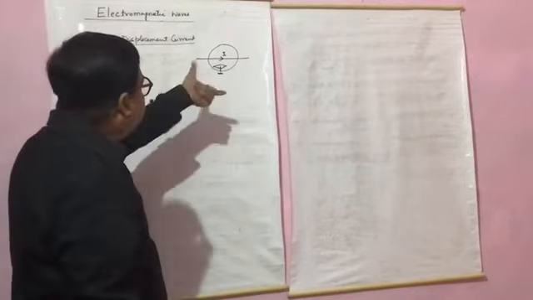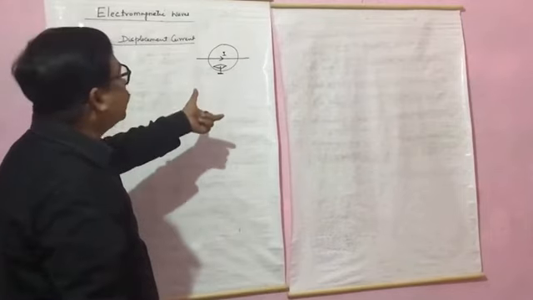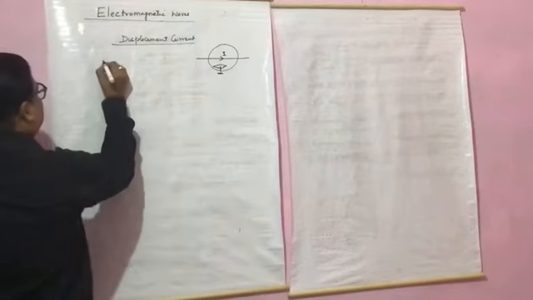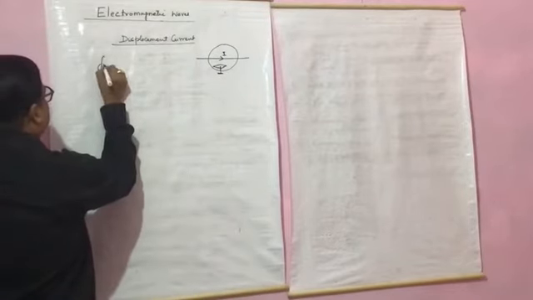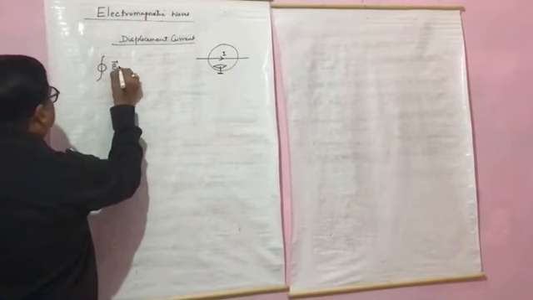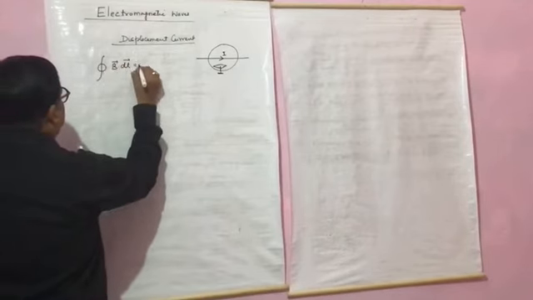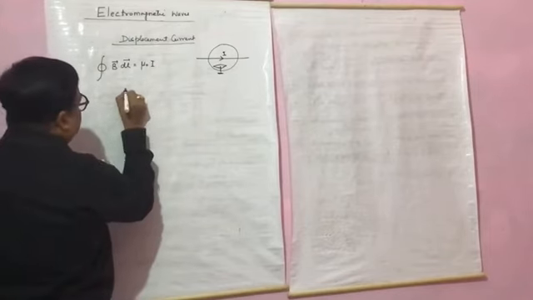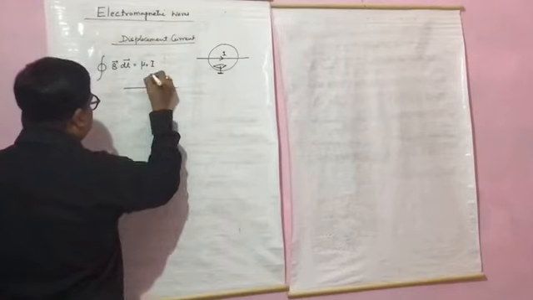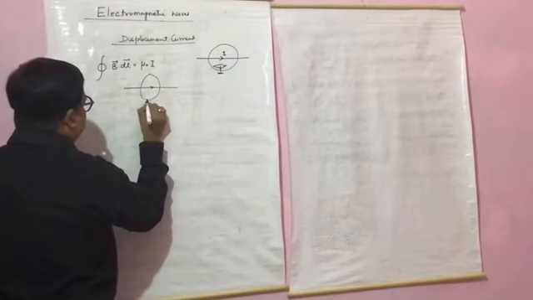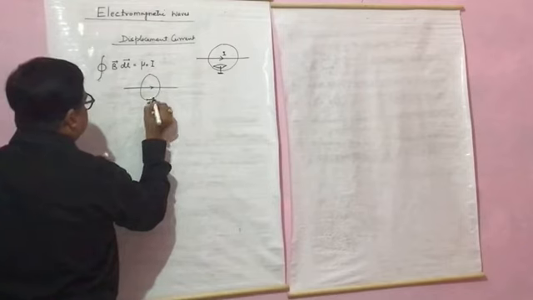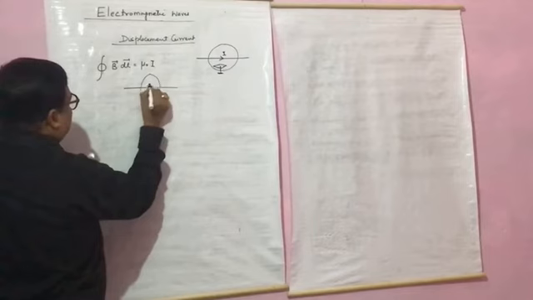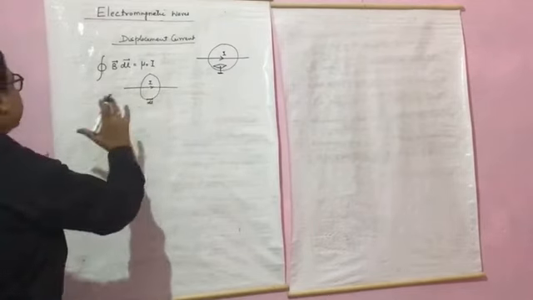After this, Ampere's circuital law was given by Ampere, which says that the integral over a closed loop of B dot dl is mu naught times the current enclosed. So if we have a current carrying conductor enclosed by a loop, then for a small element dl, B dot dl is mu naught times the current enclosed. This is Ampere's circuital law.